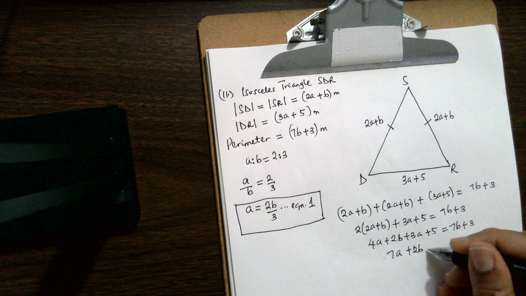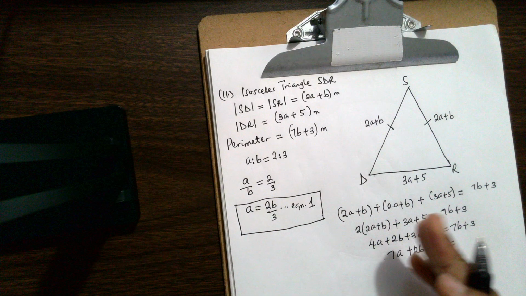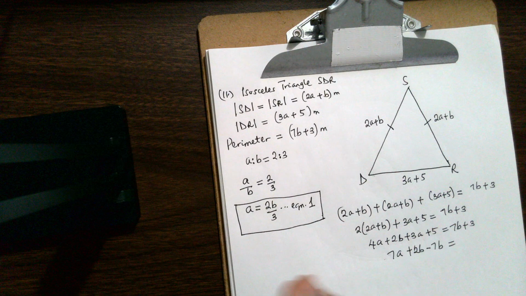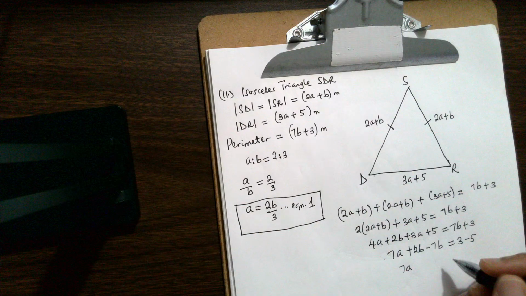Let's get the variables to the left-hand side and push the constants to the right-hand side. So 3 minus 5. So we have that 7A minus 5B is equal to negative 2. All right.